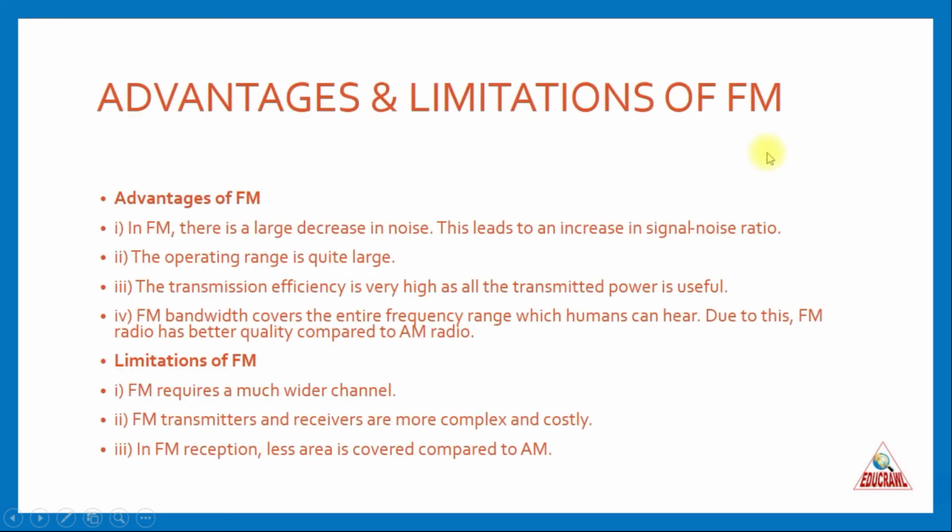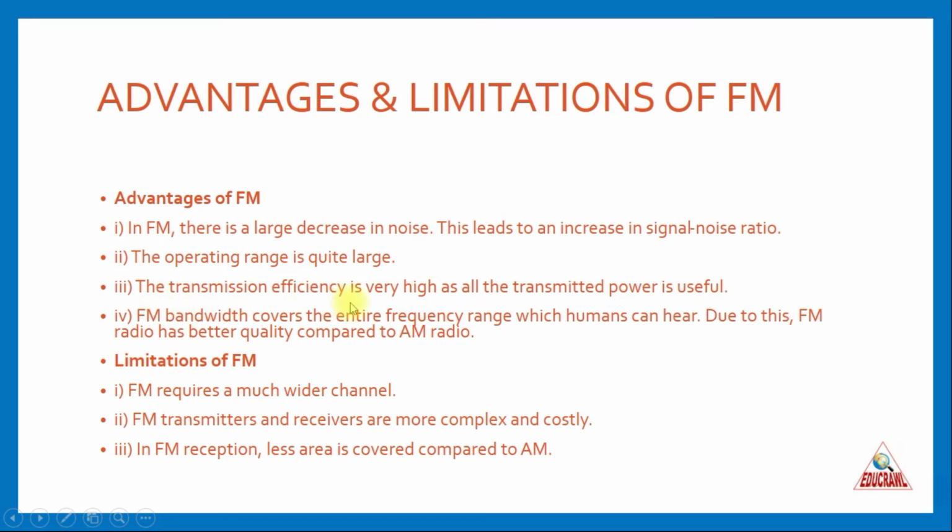Now the advantages and limitations of frequency modulation. Advantages: in frequency modulation there is a large decrease in noise, and this leads to an increase in signal to noise ratio. The operating range is quite large compared to amplitude modulation.